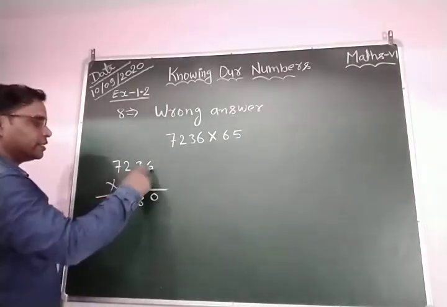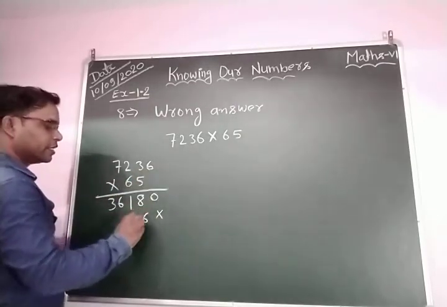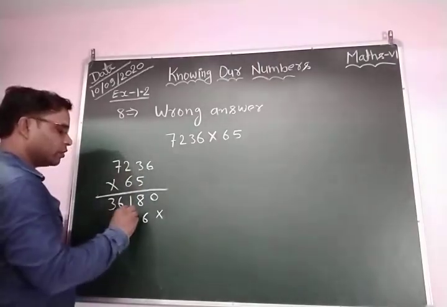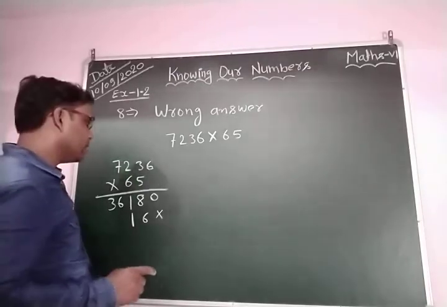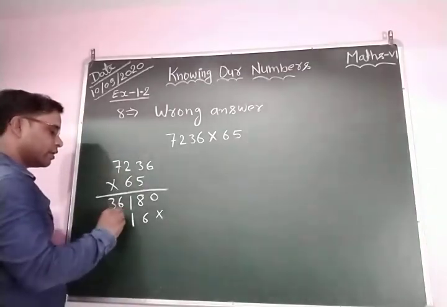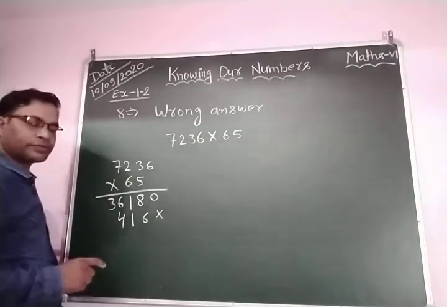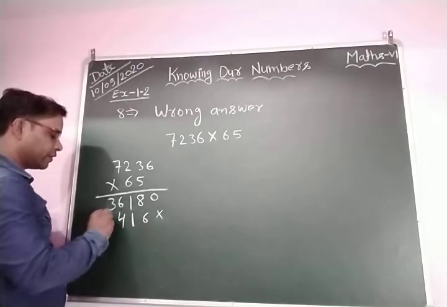Now here 6 sixes are 36, carry 3, 6 threes are 18, 18 plus 3 is 21, carry 2, 6 twos are 12 and 12 plus 2 is 14, carry 1, 6 sevens are 42, 42 plus 1 is 43.